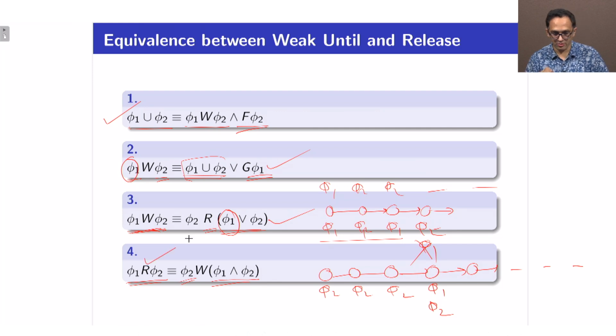Then only this scenario is true. So that means phi 2 holds until phi 1 and phi 2 hold, weak until. And I am just keeping this because it may be that only phi 2 keeps holding, that is the other scenario. So that's why release and weak until get connected for that scenario.